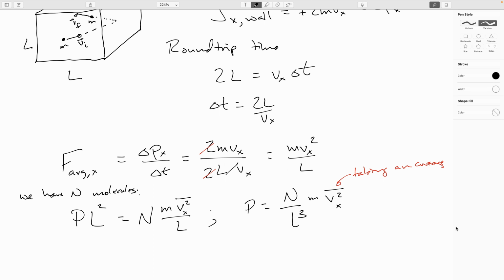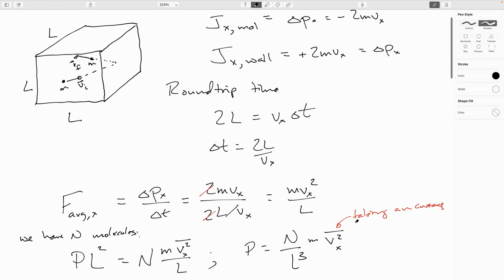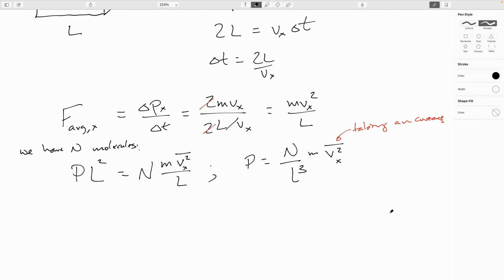All right. But this L cubed here, that's just the volume of my vessel. So I can rewrite this again to say that it's the number density times m Vx squared bar. So the average value of Vx squared, which is not the same as the square of the average value of Vx. And here, I'll assert that this works for a general shape.